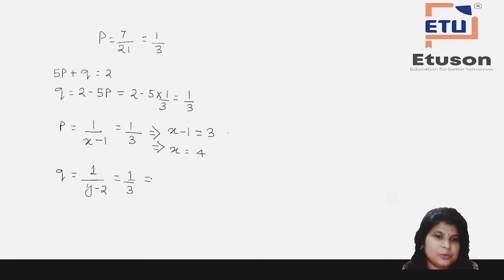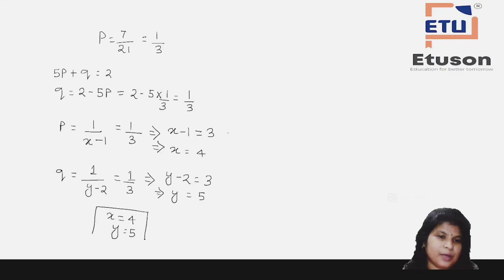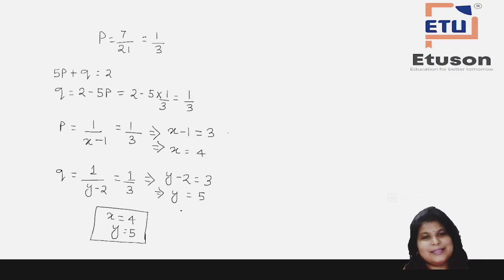So what will be your y value? y minus 2 is equal to 3, so y is equal to 5. So what are your solution values? x is equal to 4 and y is equal to 5. Understood, children? Okay. Now let us take one more example.